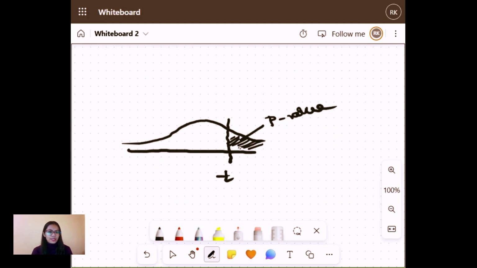So p-value is nothing but the shaded area or probability under the curve which is obtained from the test statistic t or z, or any other test statistic.